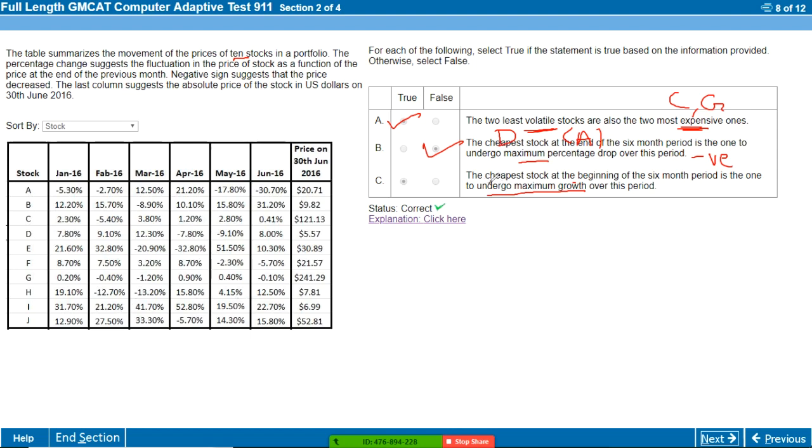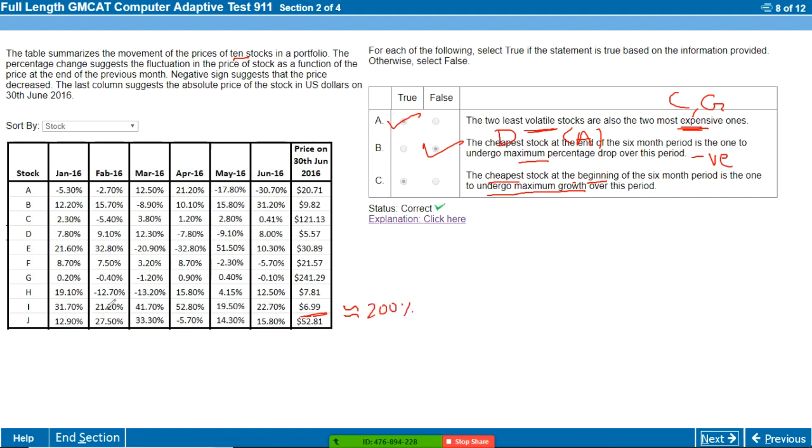It is asking whether it is the cheapest stock at the beginning. So it is not asking about this value, it is asking the actual value which was at January time, just before that. So starting from approximately $7, you have these percentages. A very quick addition of these percentages tells us that the percentage increase is almost 200%.